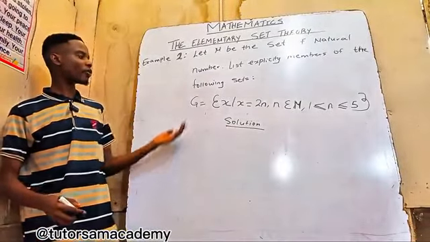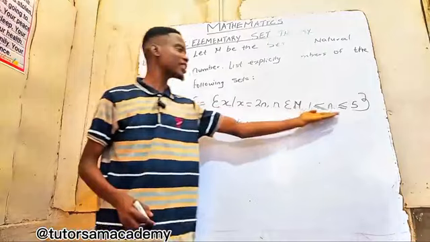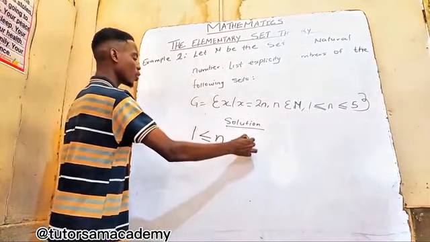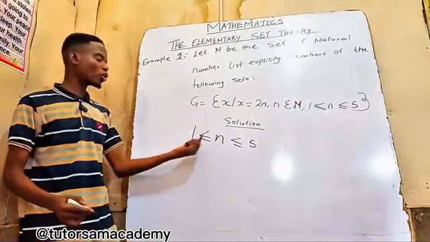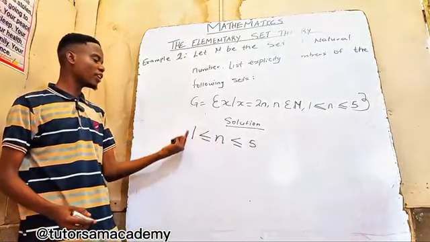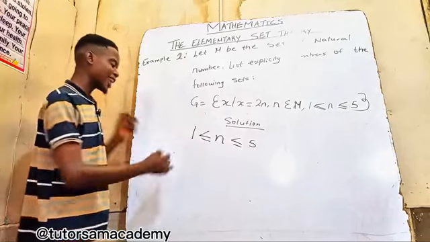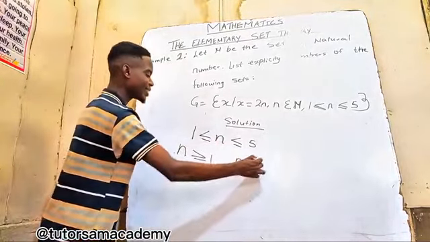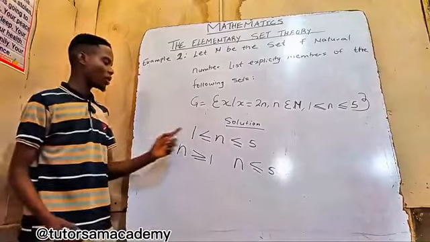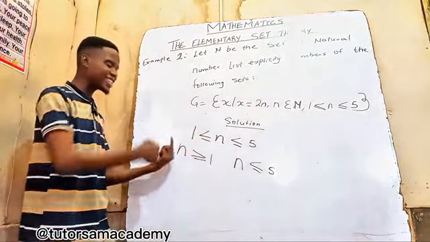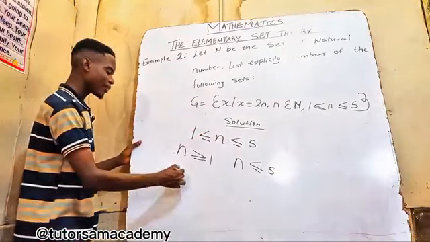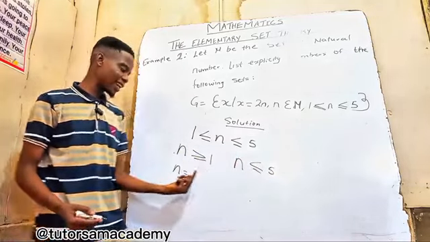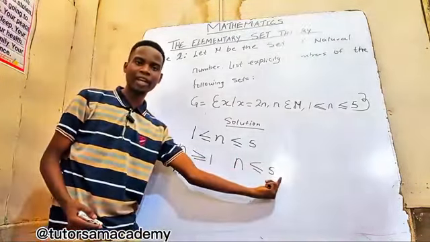Solution. To list the members of this set, I will start with this inequality: 1 less or equal to n less or equal to 5. To know what n is, I will rearrange this. If 1 is less or equal to n, that means n is greater or equal to 1, and n is less or equal to 5. So n starts from 1 and ends at 5.